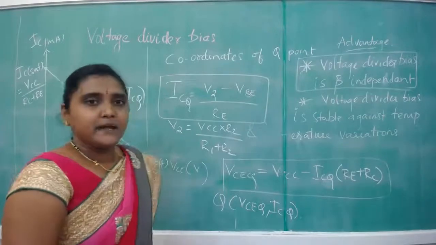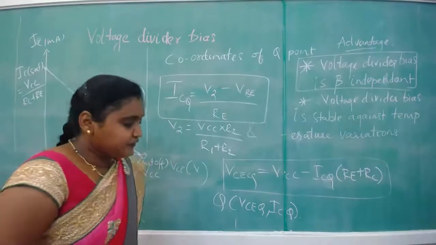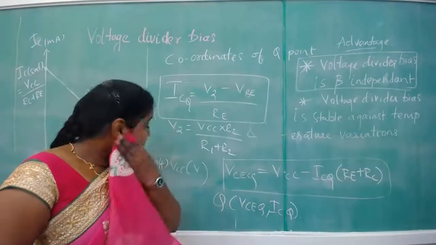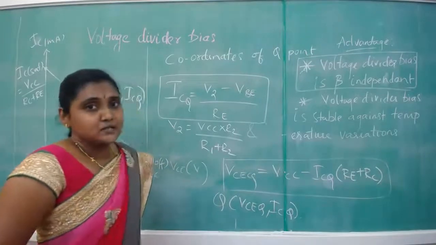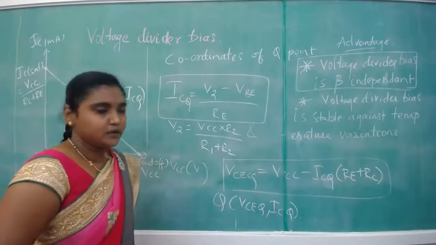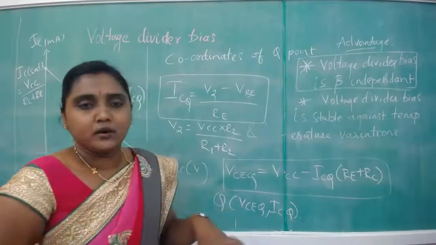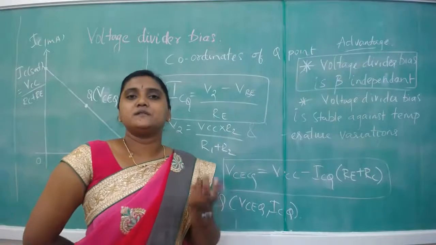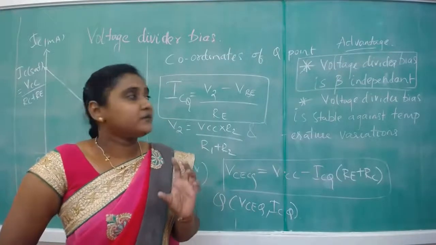So what does that mean? That basically means that in the circuit you have designed, if in future you want to replace the transistor in that circuit, you can freely do that, because variation in the transistor is not going to affect the operation of that particular circuit. If you have connected a voltage divider bias circuit on your breadboard, and if the transistor is not working or has been damaged during working, you can simply replace it by another transistor.